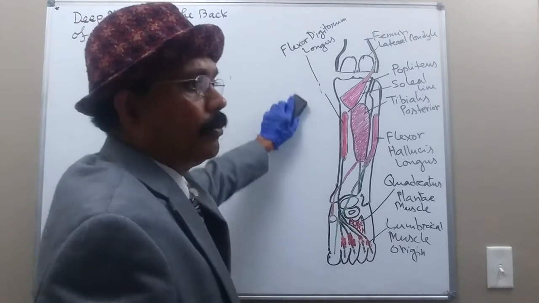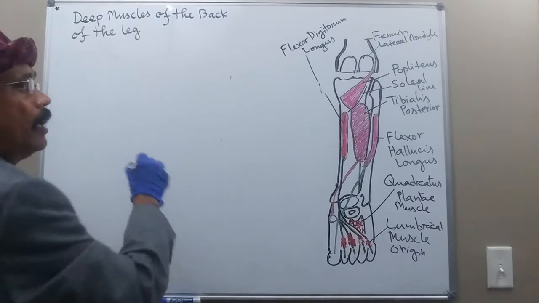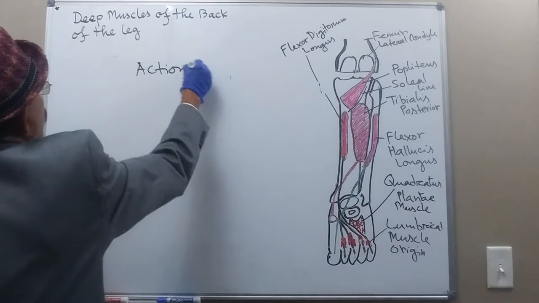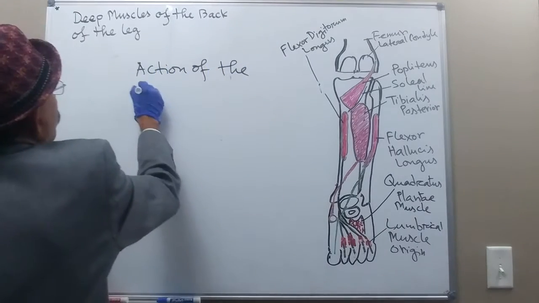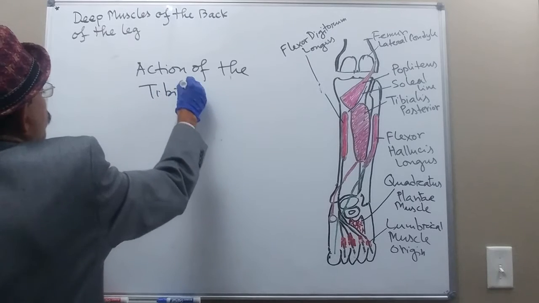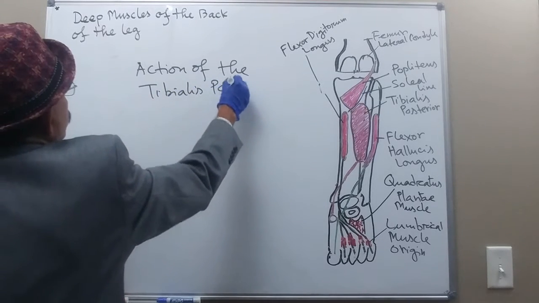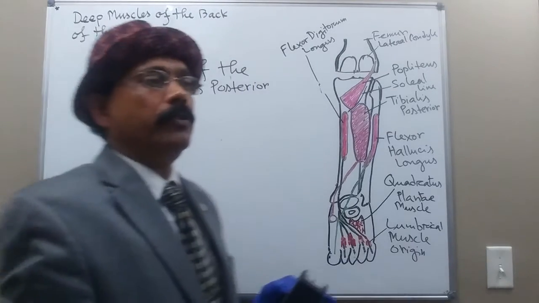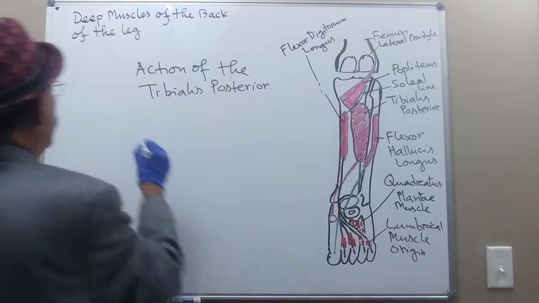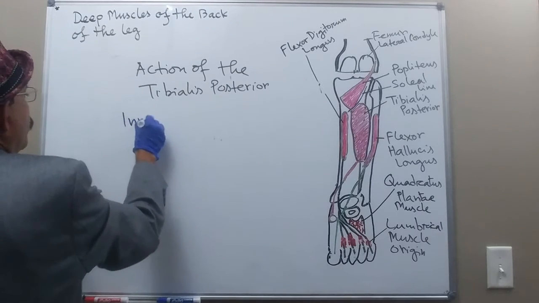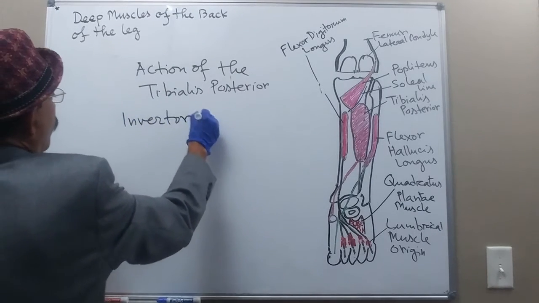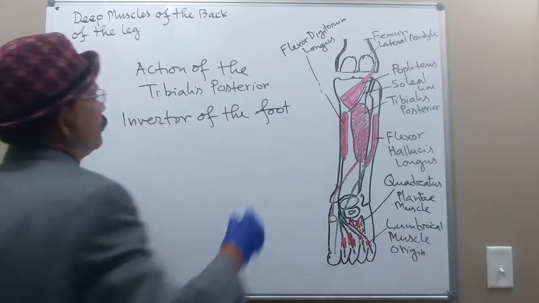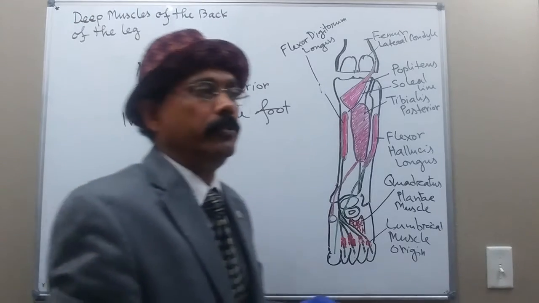Okay, so what is the action of this muscle? Action of the tibialis posterior: it is an inverter of the foot. And we know that inversion takes place in the subtalar joint.